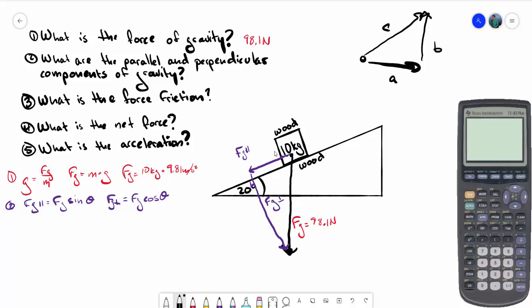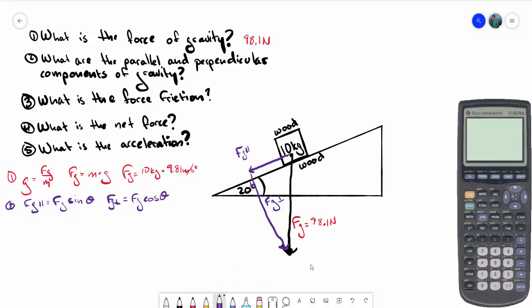And we can't describe this as an x component or a y component because this is not the x-axis or the y-axis. Rather, this is an axis that's parallel to the plane and an axis that's perpendicular to the plane. So it's the same idea. However, in this case, we're looking at an inclined plane, and we're specifically describing gravity.